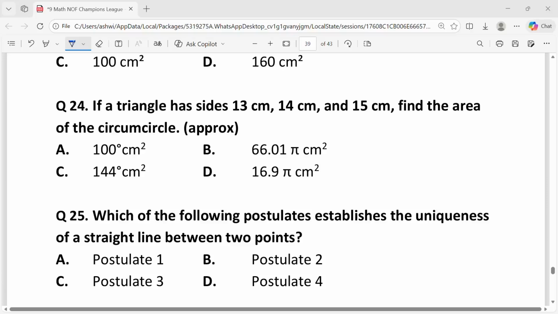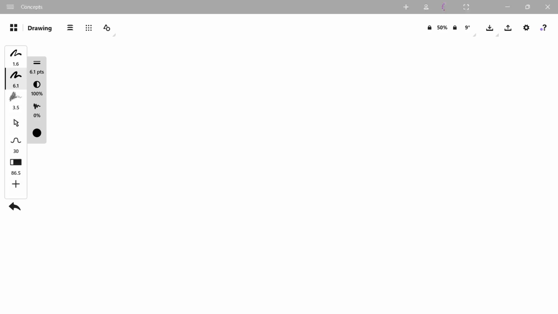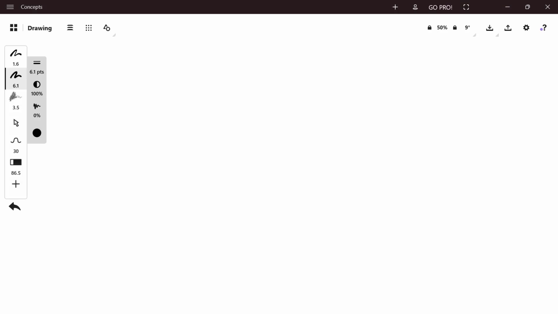Question 24. If a triangle has sides 13 centimeter, 14 centimeter and 15 centimeter, find the area of the circumcircle. The sides are a 13, b 14, c 15. The semi-perimeter s is equal to 13 plus 14 plus 15 upon 2, that is equal to 21.